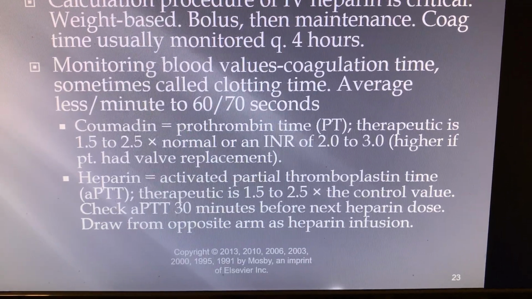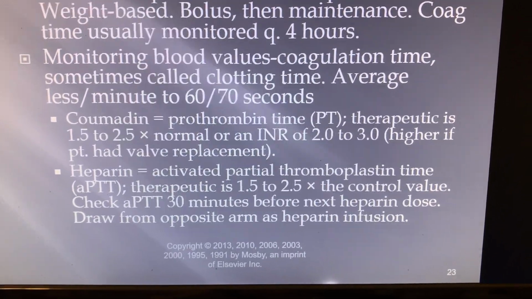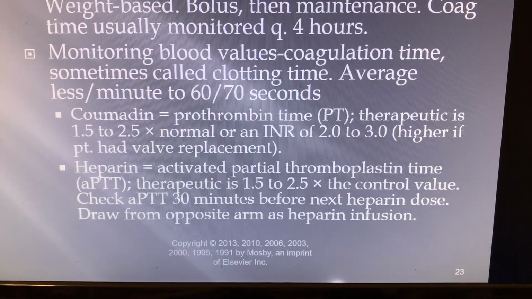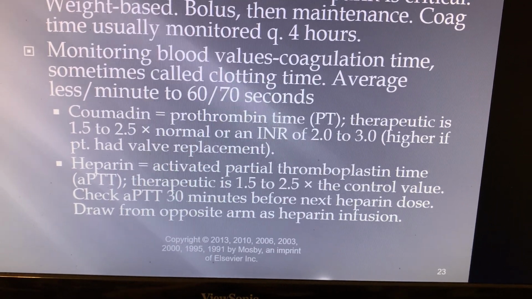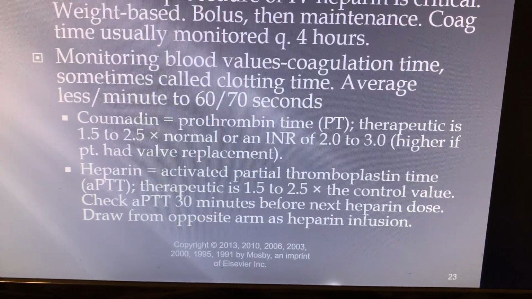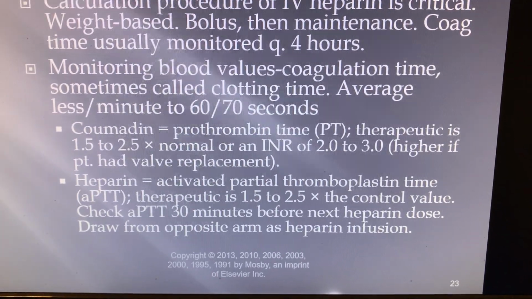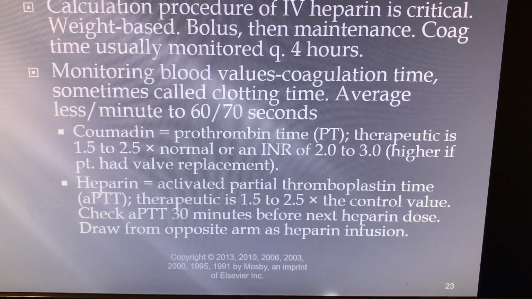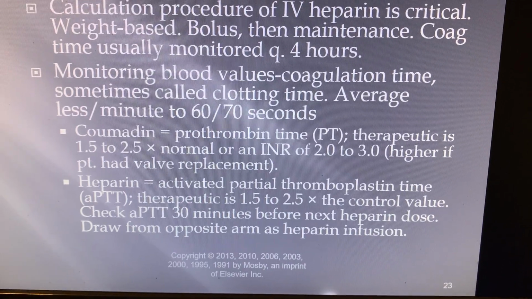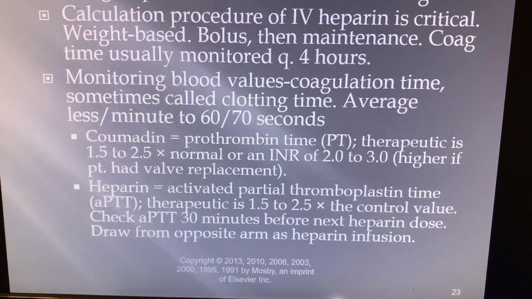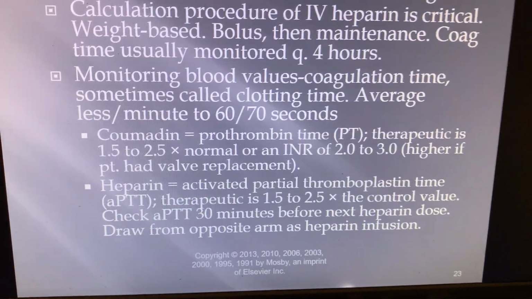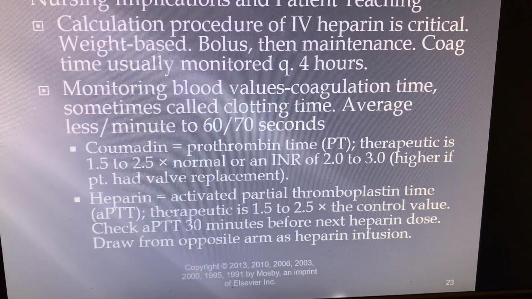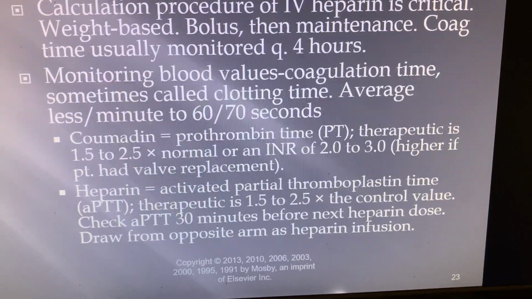So let's say that a person comes in and we'll say that their PT uncoagulated is 12 seconds. That is a nice even number. So since we are looking for a therapeutic rate at 1.5 to 2.5 times normal, you're just going to take that initial PT, the control PT, and multiply it by 1.5.